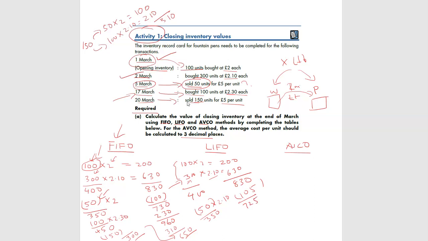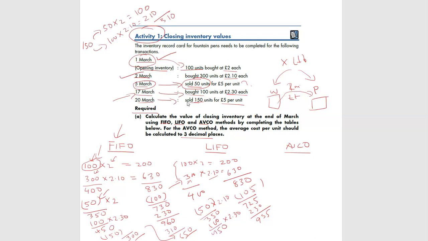And after that we can see we purchase another 100 unit. So I'm going to add 100, and this time the 100 units is 2.30, that will give me 230. So 230 plus 725 gives me 955, and the total unit I have is 450.